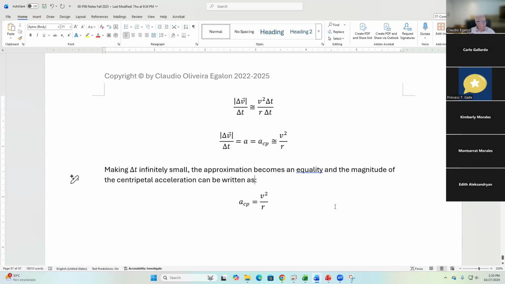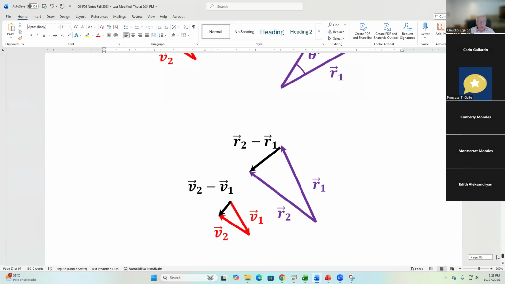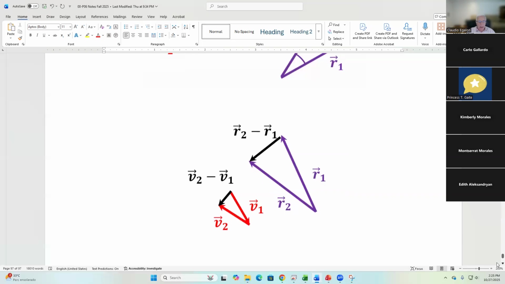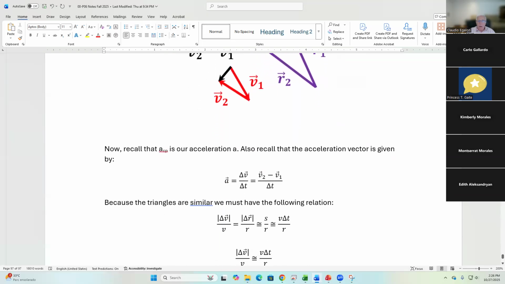We recognize that there are two similar triangles in there, related to each other. We can come up with equations. Here you go. That's the equation for the similarity of triangles. This angle here is equal to this angle. This side is the same as this side, and this side is the same as this side. Then we apply this approximation.